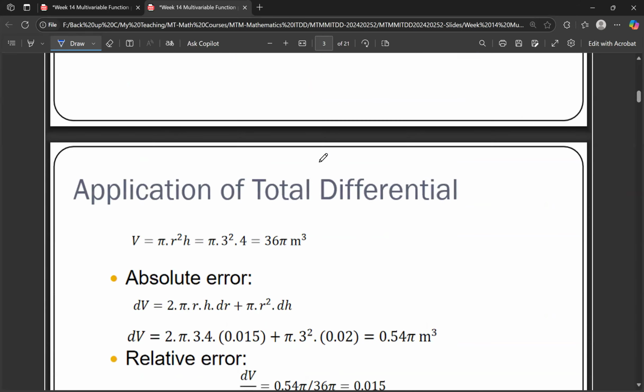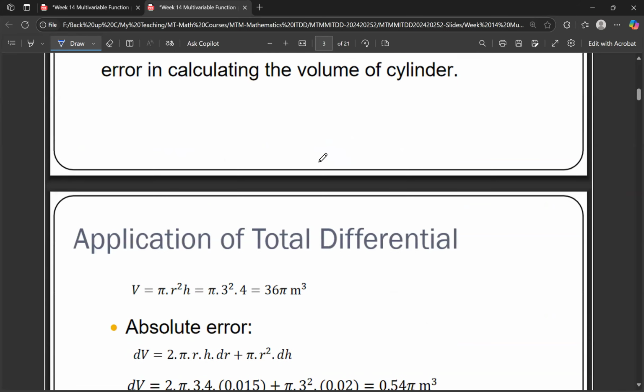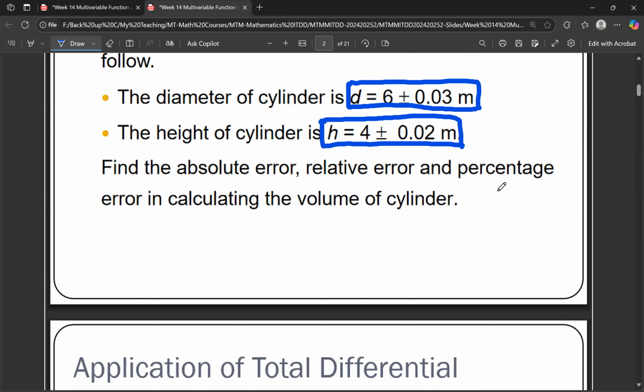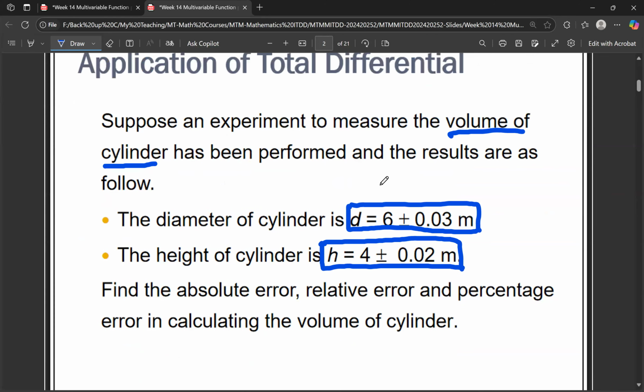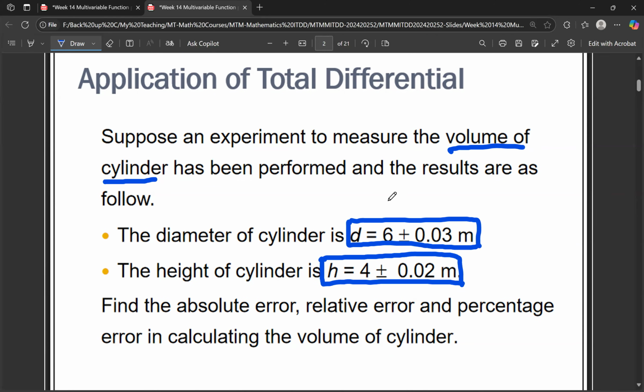We did it before, this value is the zero value, this is h zero, and this will be delta d, and this will be delta h.